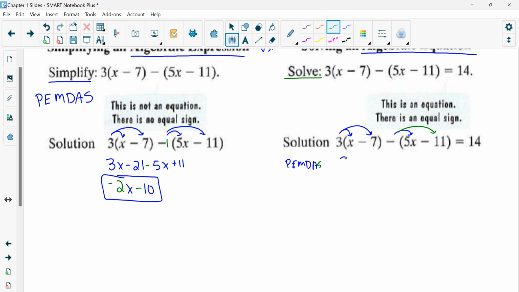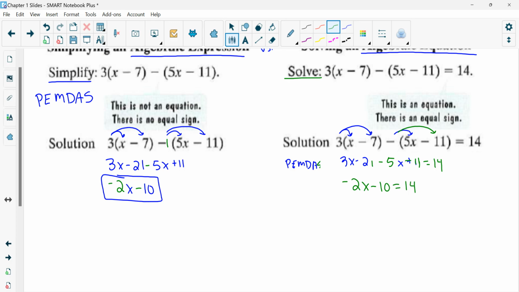So we get 3x minus 21 minus 5x plus 11 again. But now it's equal to 14. We're still going to combine our like terms. So when I still do that, I'm still going to get negative 2x minus 10. But again, now it's equal to 14.